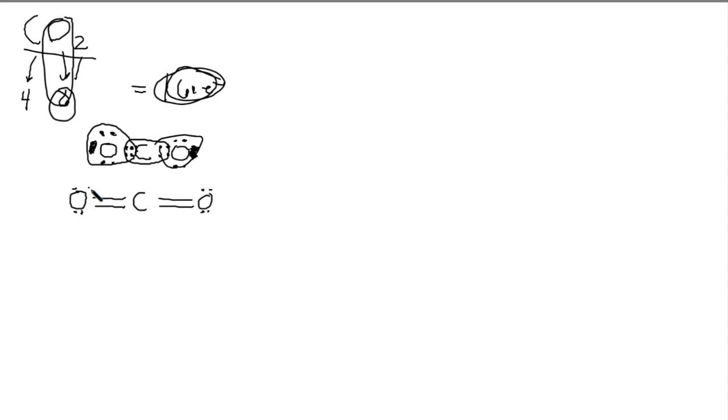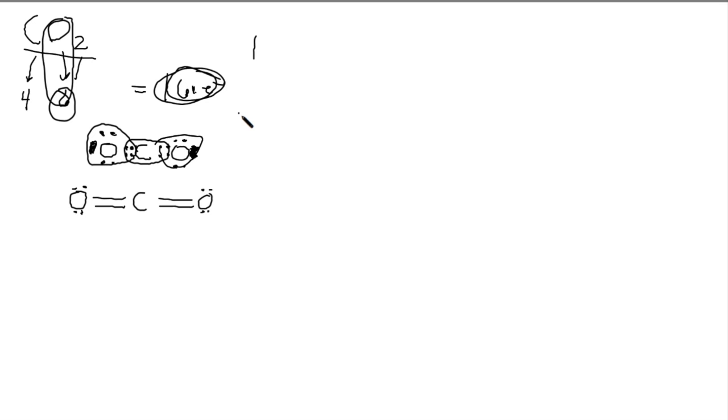And yeah, so to review the steps, number one, we identified how many valence electrons the entire molecule had with all the atoms combined. So carbon dioxide ended up having 16 valence electrons. So that was the first step.